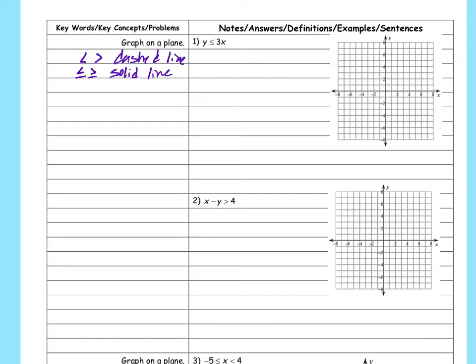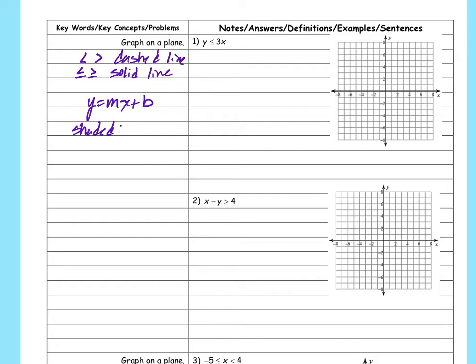So the other thing we need to do when we're graphing, it needs to be in the form y equals mx plus b, just like we're graphing a straight line. So we want to make sure the y is by itself, identify my slope and my y-intercept, decide what type of line it's going to be, and then it's shaded. It needs to be shaded. And how we shade it, I'll talk about as we get to that part.